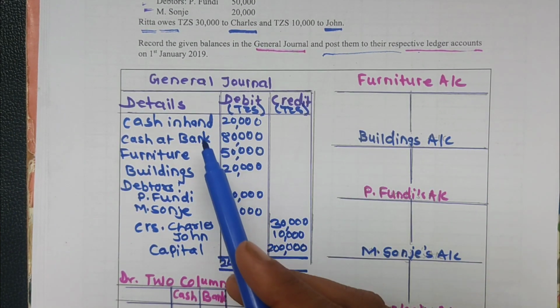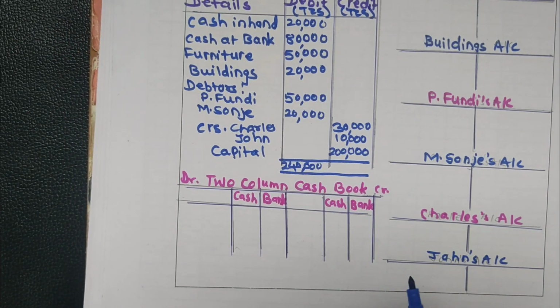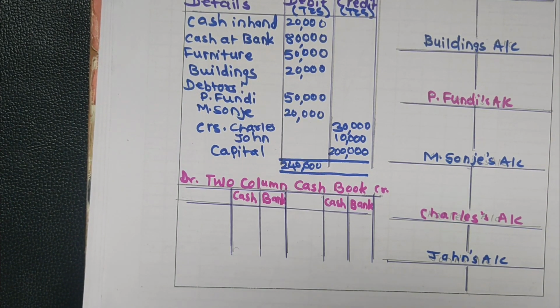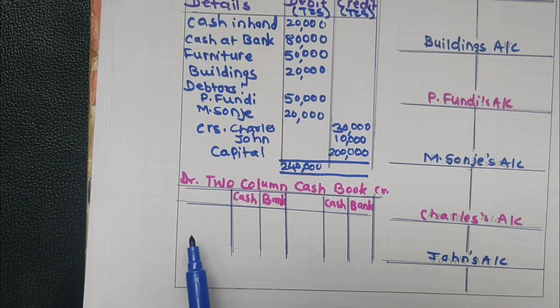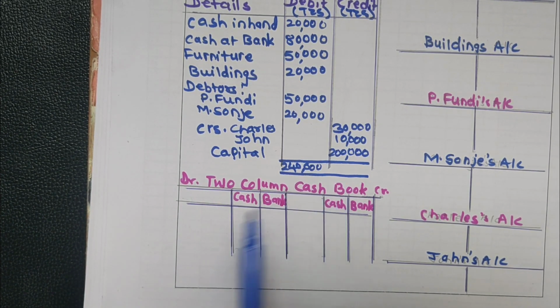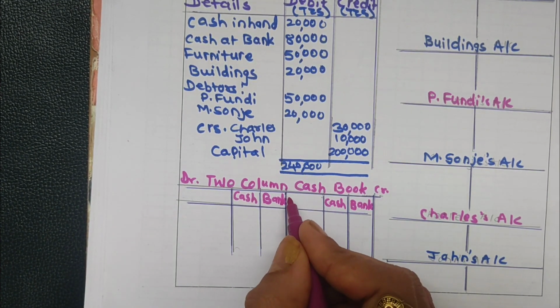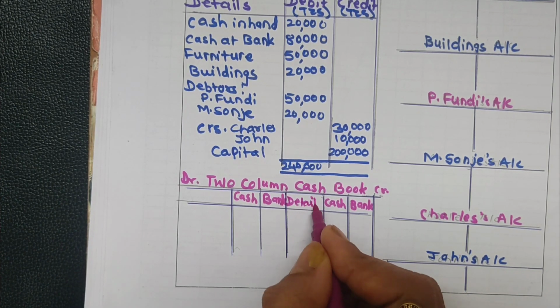Starting with cash in hand and cash at bank, for this I have prepared here a 2-column cash book. To save time and to avoid the video being very long, I just drew it already. You can see the format, a 2-column cash book, with cash and bank on both sides. Here you can write details or particulars.